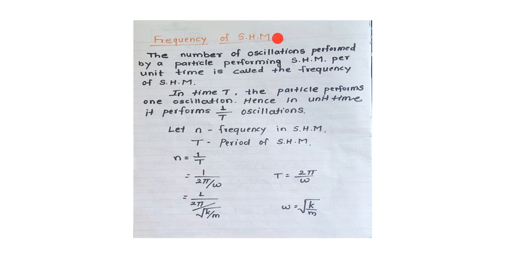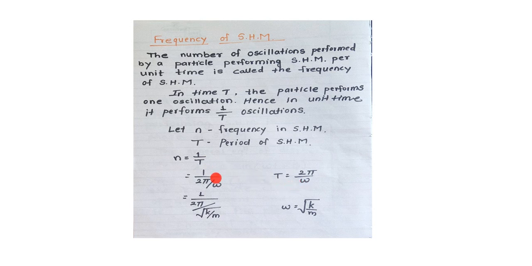Then next is the frequency of simple harmonic motion. The number of oscillations performed by a particle performing simple harmonic motion per unit time is called the frequency of simple harmonic motion. In time T, the particle performs one oscillation, hence in unit time it performs 1 upon T oscillations. Here n is the frequency and T is the time period of simple harmonic motion, and we have n equals 1 upon T. You know that T equals 2 pi by omega.